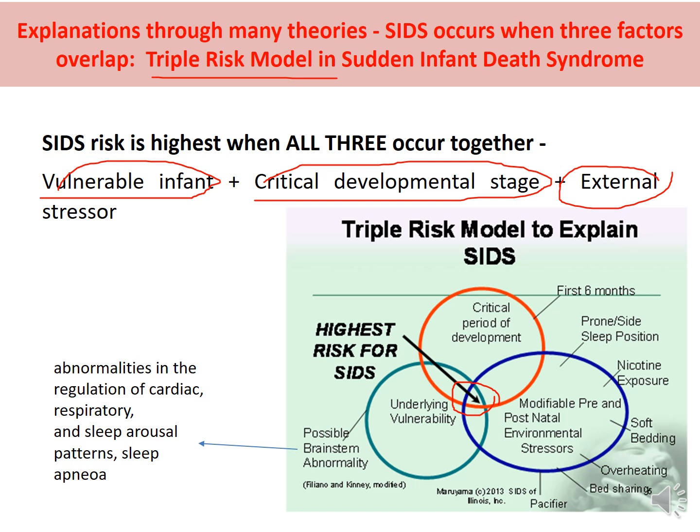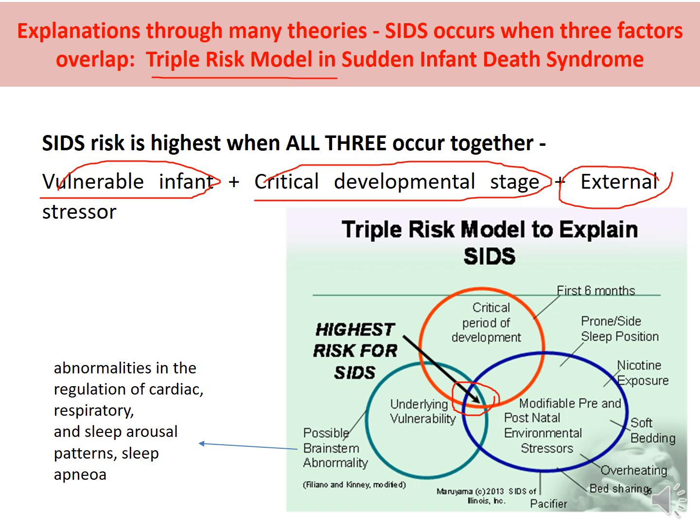Then the modifiable external stresses such as bed sharing, smoking and so on. And importantly, the underlying vulnerability of the infant, that means abnormalities in the regulation of the cardiac or respiratory center or sleep, apnea, that means lack of sleep arousal patterns.